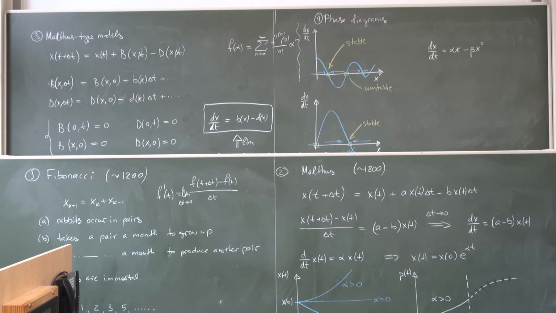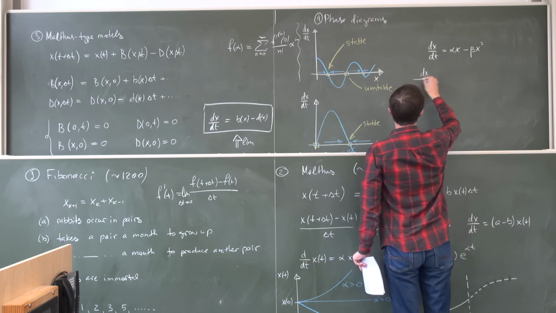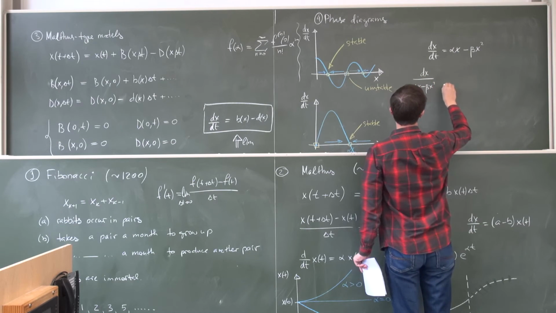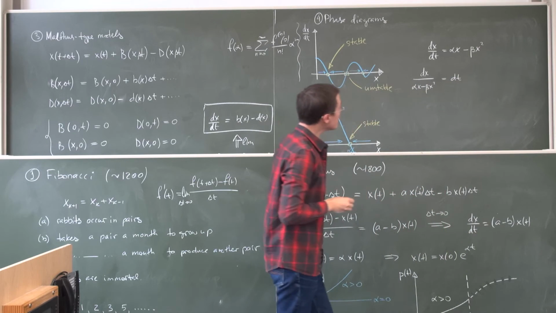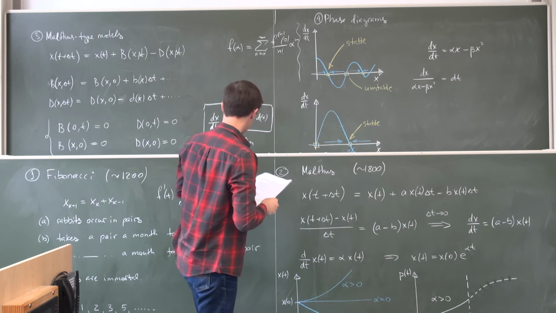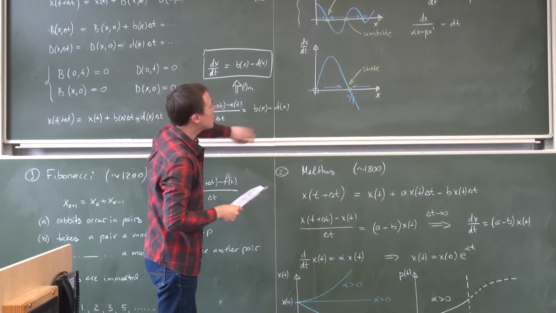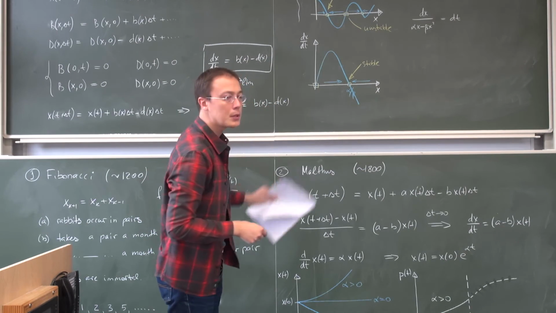You can put all the x to the left-hand side and all the t's to the right-hand side. So this is dx over alpha x minus beta x squared equals dt. So we can simply integrate both sides. Before I do that, however, I need to split up that pesky fraction because we don't know how to integrate this directly.